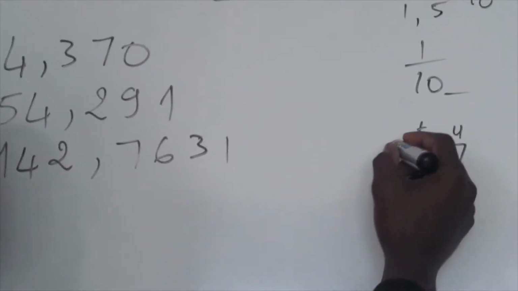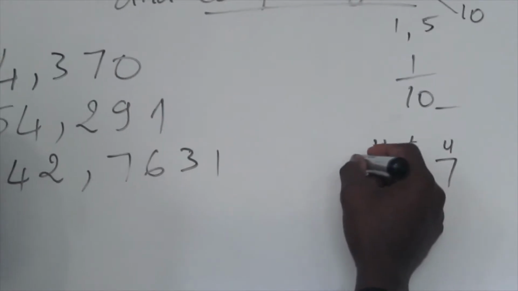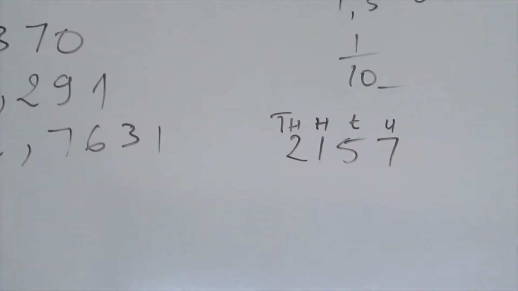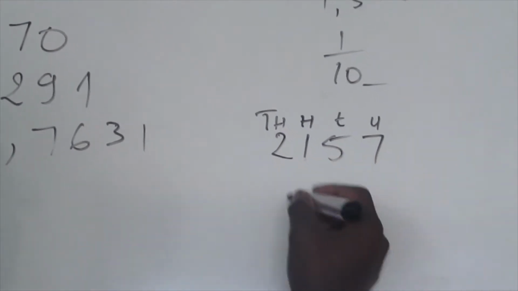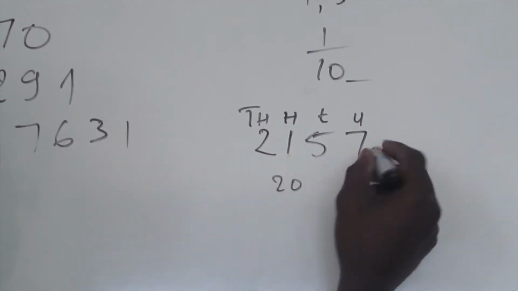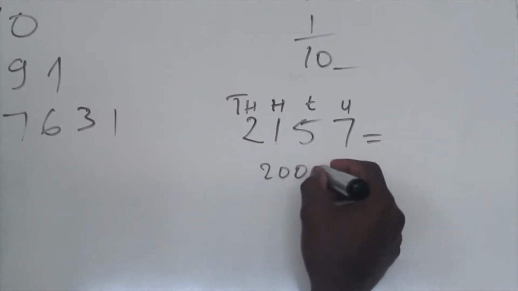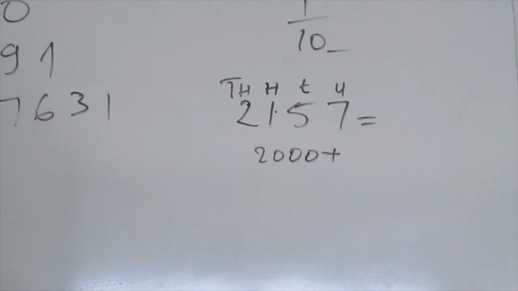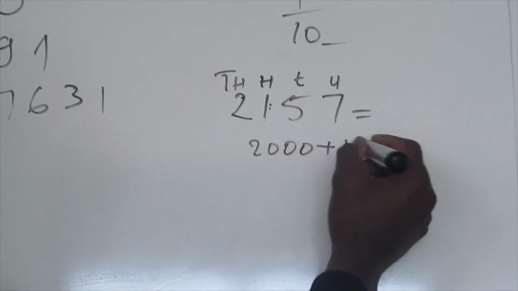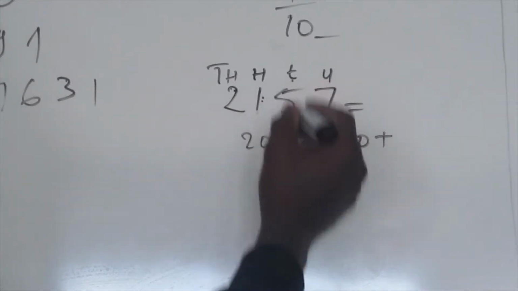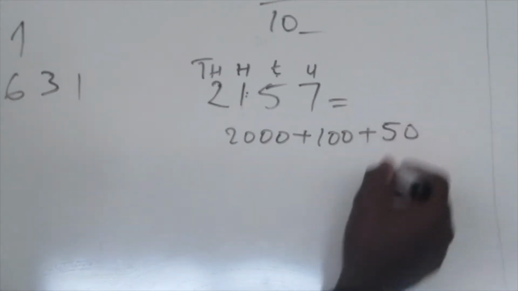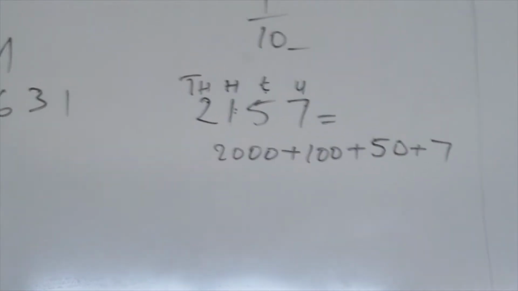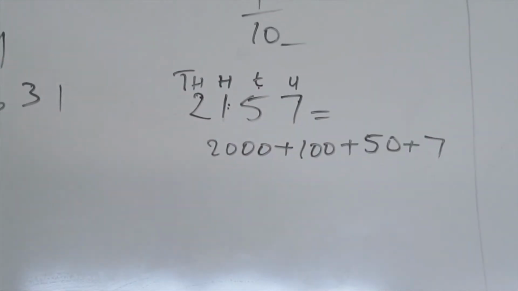If we have another digit here, it is 100, and another digit, it is 1,000. So we say we have 2,000 plus 100 plus 5 tens, then 7 units. This is how to place value a whole number.